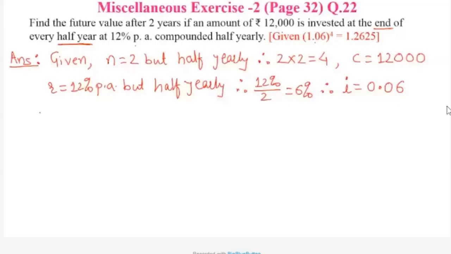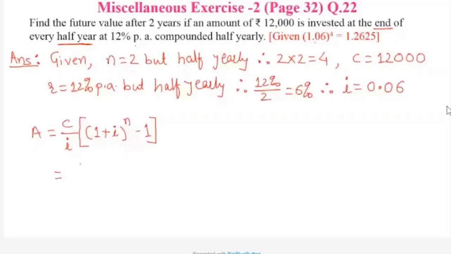Let's start with the answer. Which formula will come? The A formula will come, correct. Future value means A is equal to C upon i, it's not a dash, it is a fraction, square bracket open, round bracket open, 1 plus i, bracket raised to n minus 1, square bracket close.